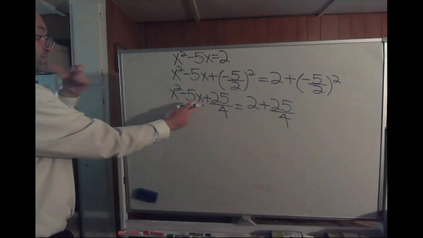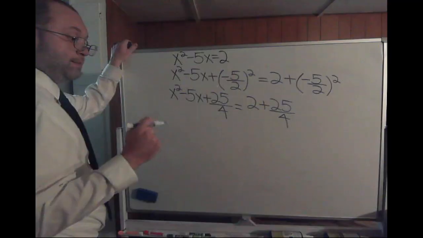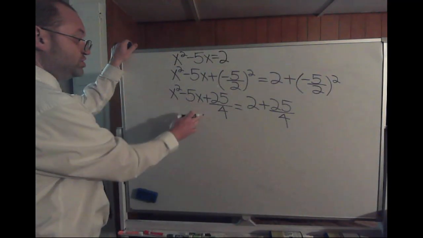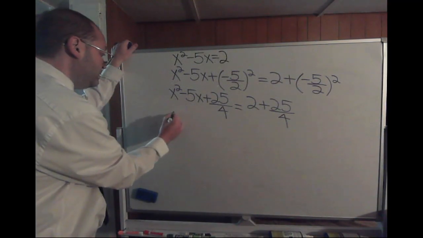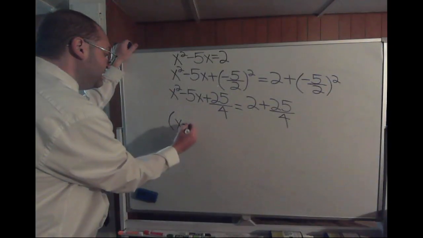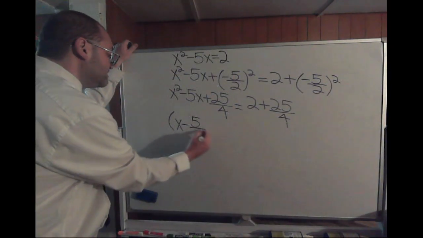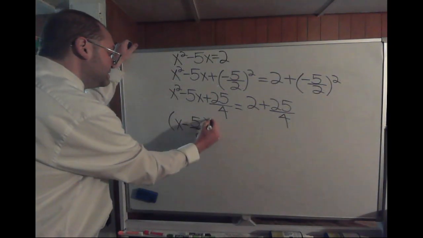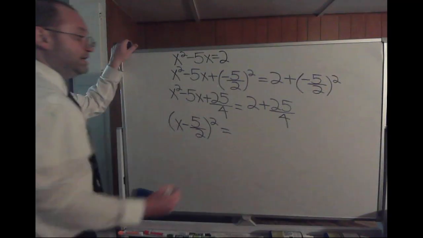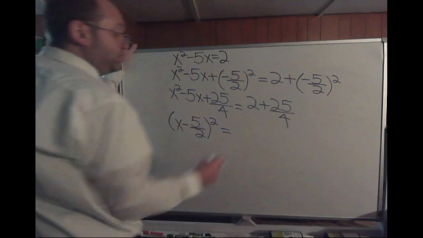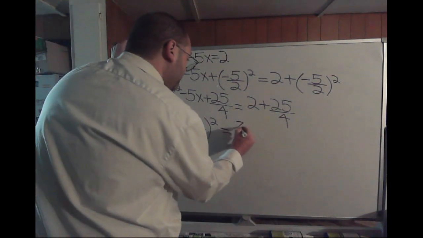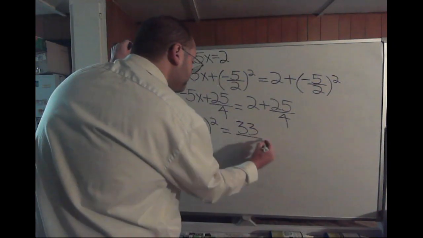Well, the left side turns out now to be a perfect square trinomial, which will factor into a binomial square of x minus 5/2. That quantity to the second power is going to be equal to 2 plus 25/4, which would be 33/4.